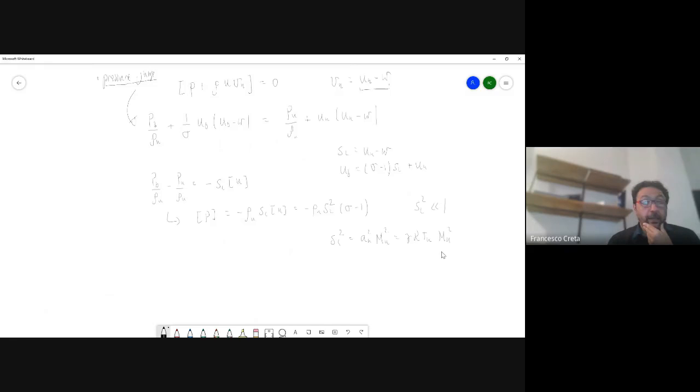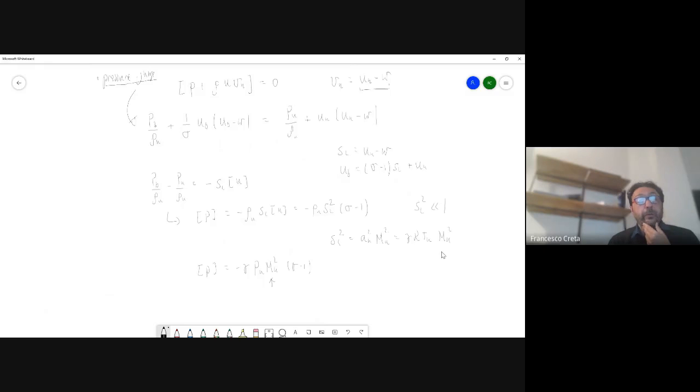So the jump in pressure, if you substitute for SL squared, is essentially minus gamma PU mu squared sigma minus 1.